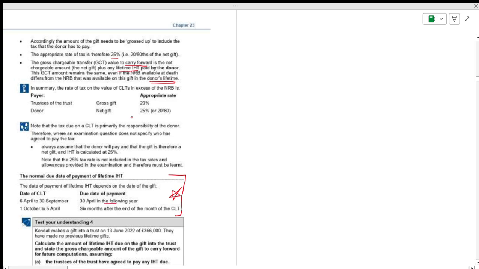So the due date of payment of lifetime tax depends on the date of the gift. If the gift is from 6 April to 30 September, it is 30 April of the following year, and if it is 1 October to 5 April, it will be 6 months after the end of the month of the CLT.